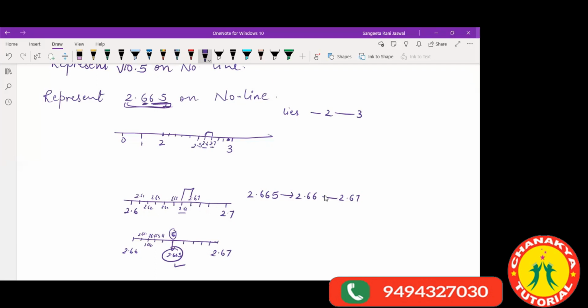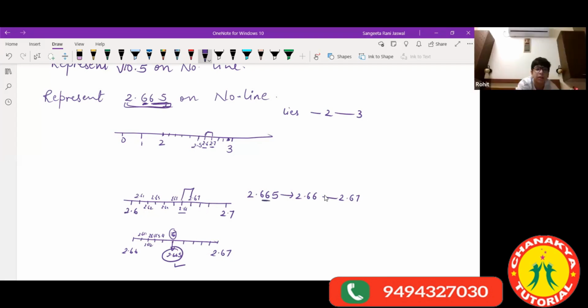Now I have magnified this portion. Magnify means made bigger. So from 2.6, I'll make 10 equal divisions here. That becomes 2.61, 2.62, 2.63, 2.64, 2.65, 2.66. Now when I reach 2.66, I'm closer to my number.